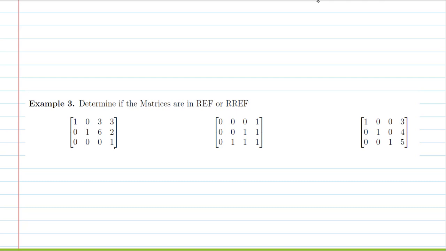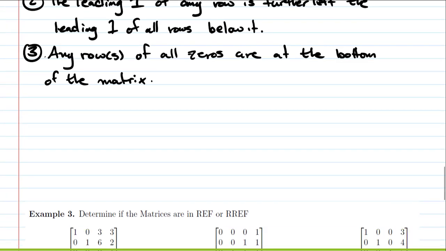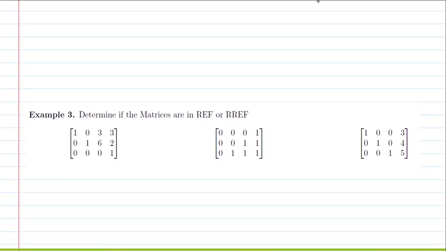And then the last one is vacuously true since there's no leading ones below it. So we pass 2, and then 3 is not applicable. It says any row or rows of all zeros are at the bottom of the matrix. This doesn't have any rows of all zeros, so it also passes. So this matrix is in row echelon form.